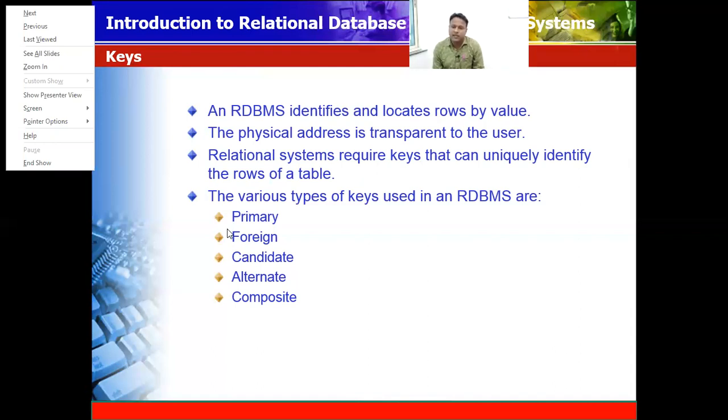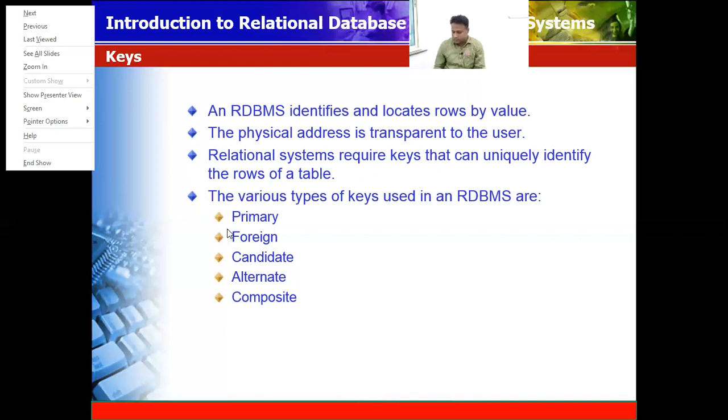If I tell you to go to room number 112 and bed number 5, then you easily find the particular person. So you see, for getting one unique value, we take the help of two keys. So here it is called the composite key. Clear?